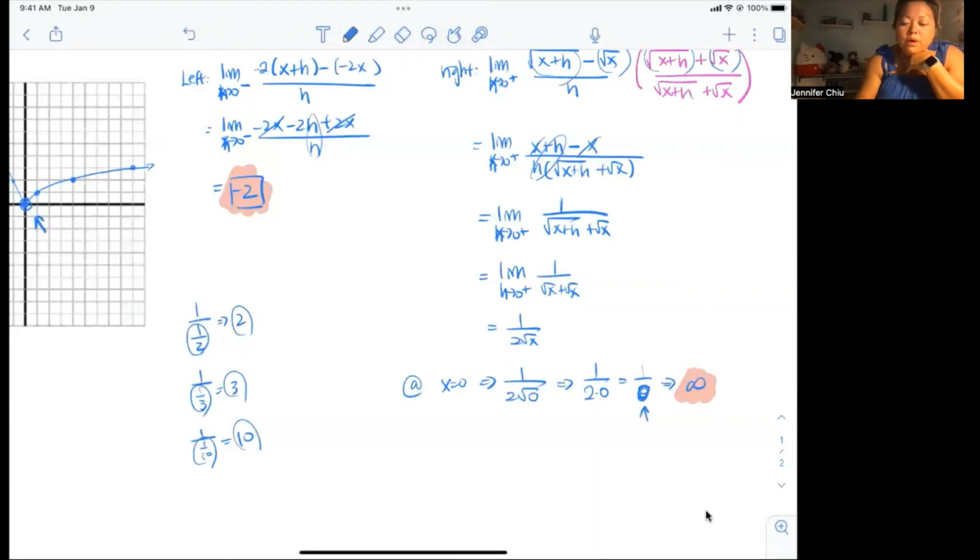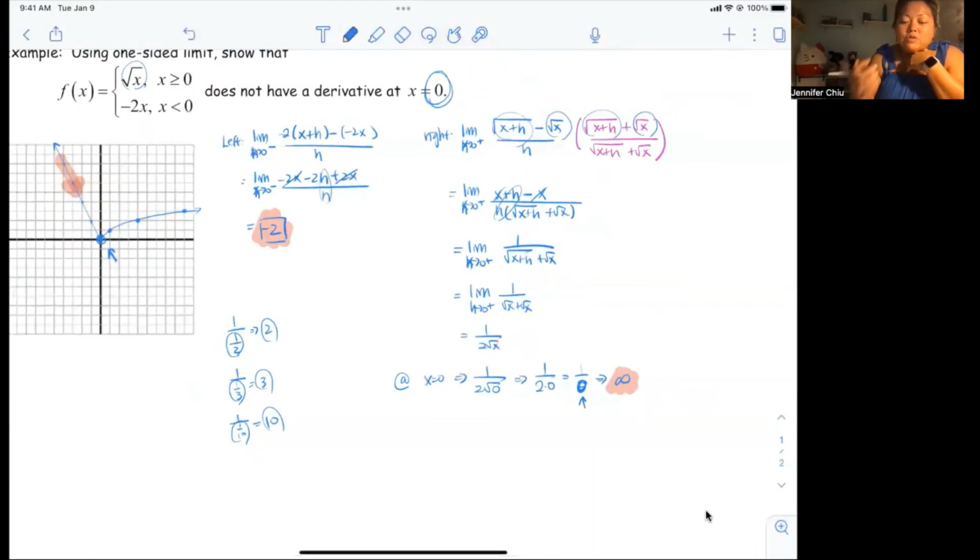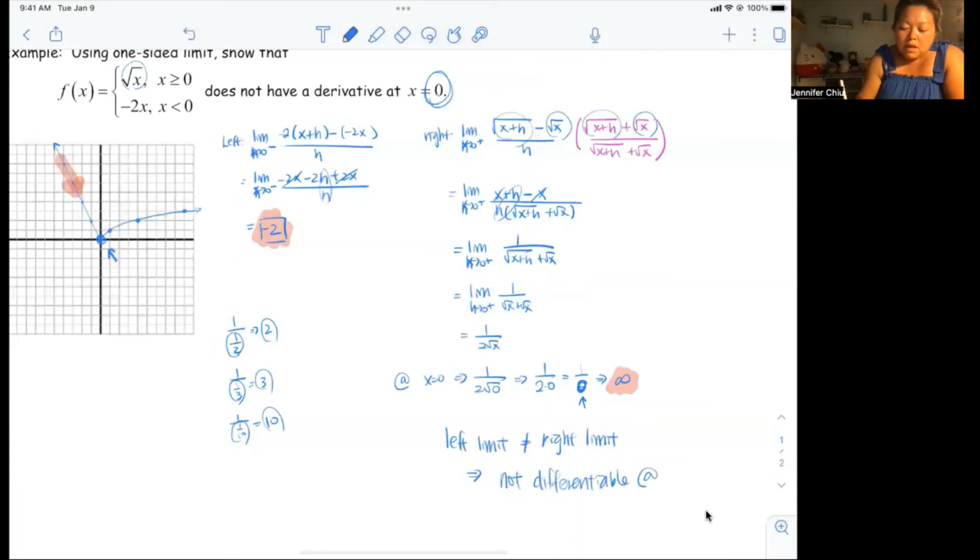So we have further proved that it doesn't have a derivative at that point, because the two slopes, the two derivatives separately from the left side and right side, do not match up to each other. So you go ahead and say the left limit does not equal the right limit. Therefore, it's not differentiable at x equals 0. Okay, that's it.